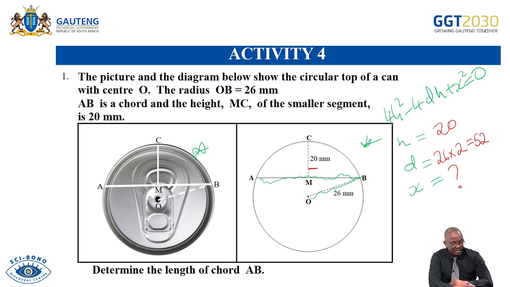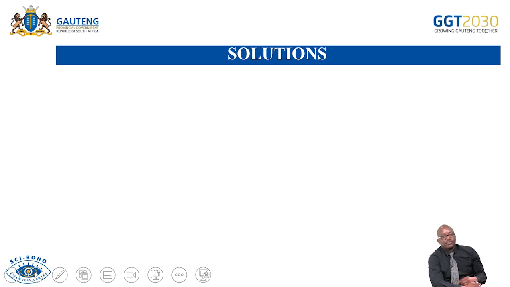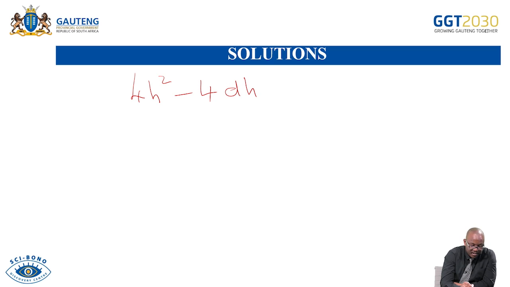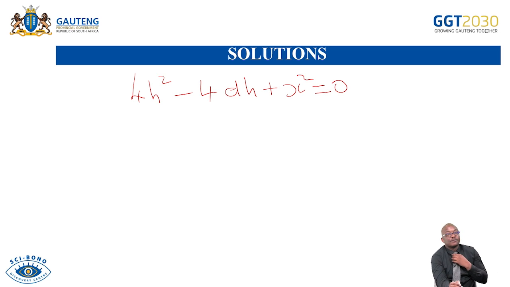And we have done an example like that one. So now, how do we go to the solutions? The first thing that we need to do is to rewrite our formula in full and correctly. Then we have to substitute.